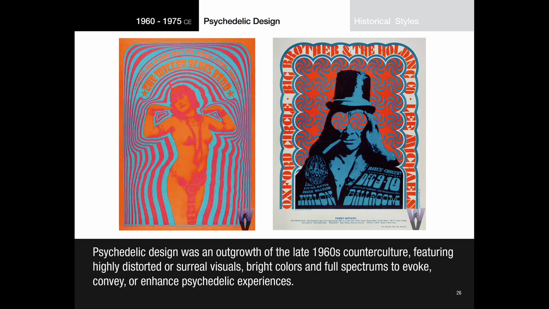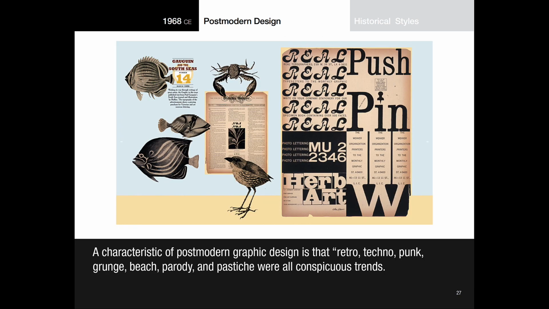The psychedelic era of the mid to late 60s actually bled into the 70s as well. Here you can see more examples of that. But again, I want to draw your attention to the fact that a lot of these more organic shapes really call back to the Art Nouveau period, which at that point was 50 or 60 years earlier.